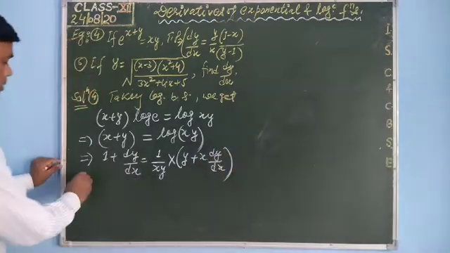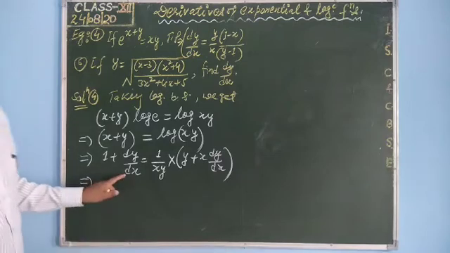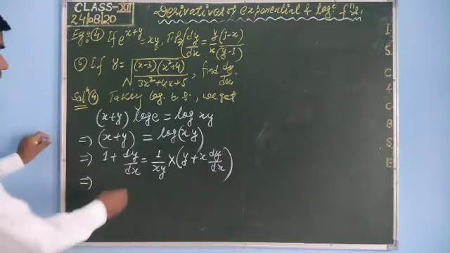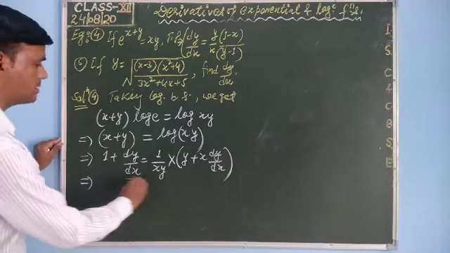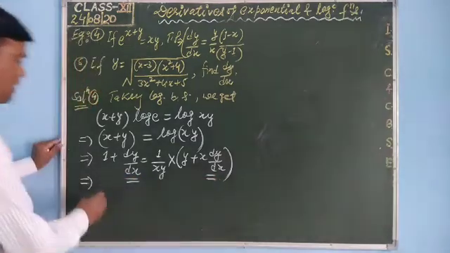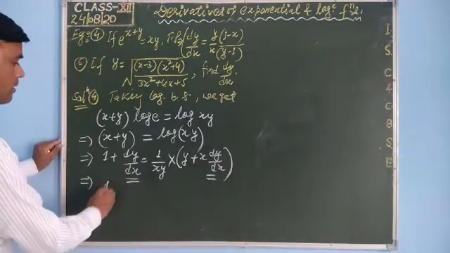Now taking like terms together, here is dy by dx and here is dy by dx.